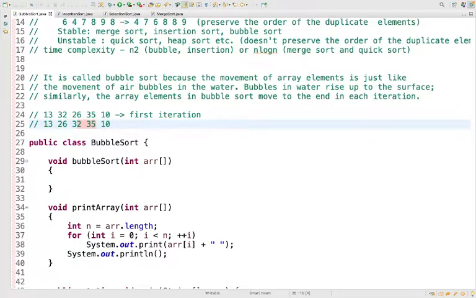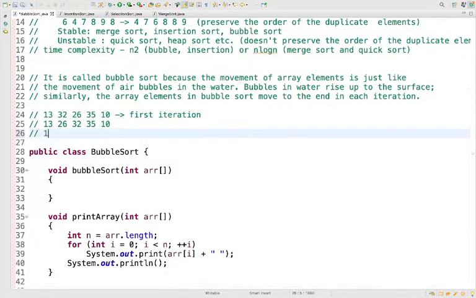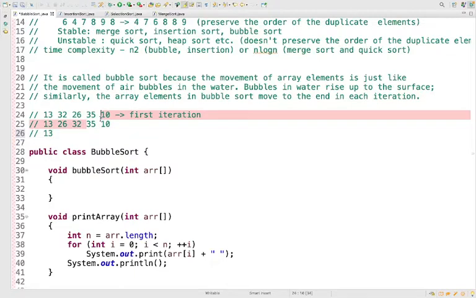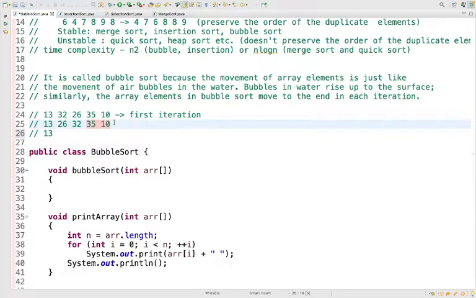They are in a perfect position because 35 is bigger than 32. Then we compare 35 and 10. We find that 35 is greater than 10, so we swap them. This is the condition after the first pass.